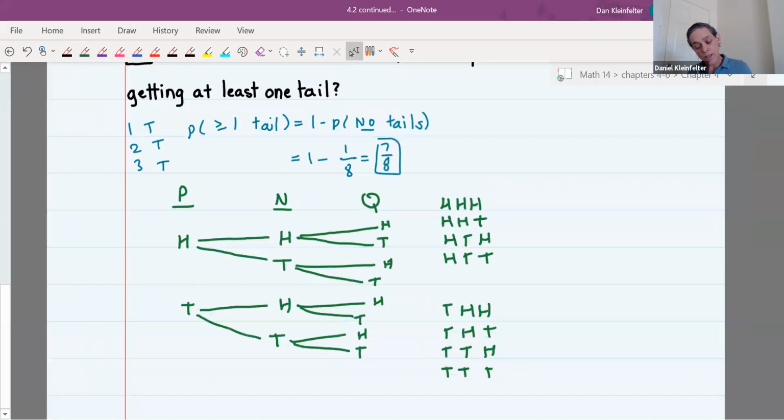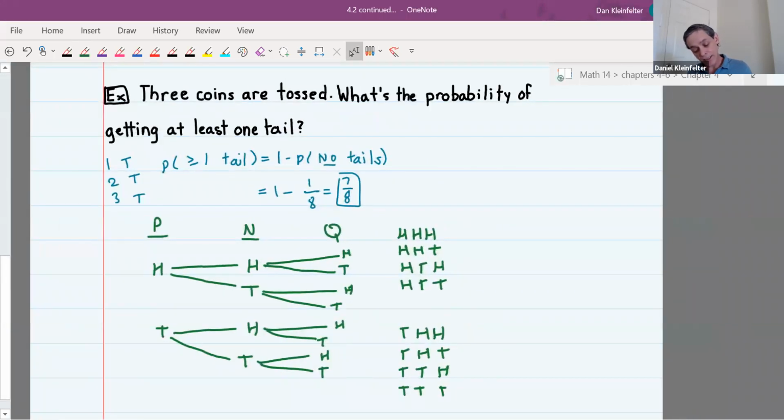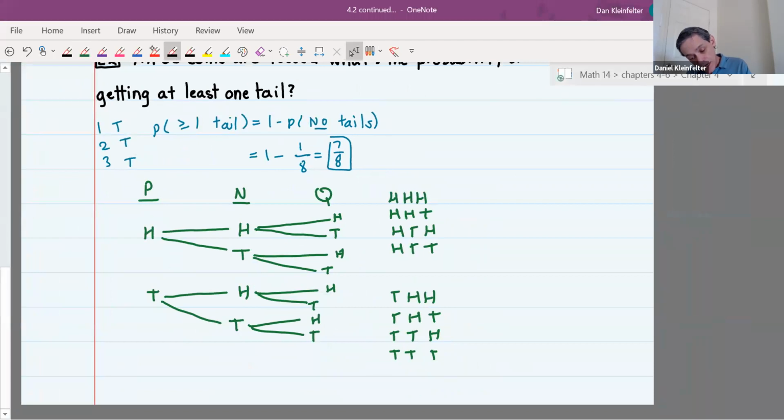So we wanted to know the probability of getting at least one tail. At least one tail would be all 7 of these options. The only way to not get at least one tail would be having that 1 out of the 8 cases where it was all 3 heads. So that accounts for why the probability of getting at least one tail is 7/8.